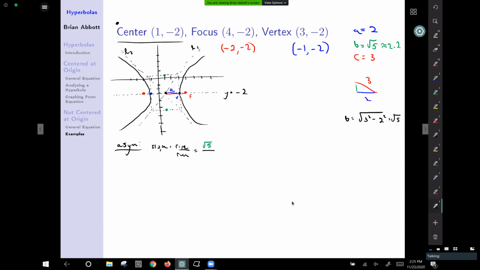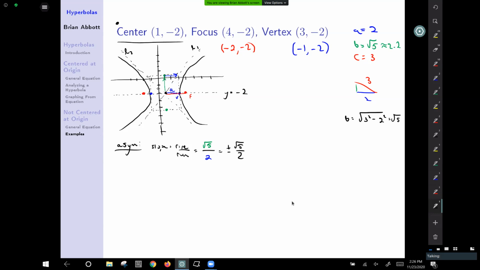And then from there, to get to your point, we would travel over the a direction. The a direction is 2. So our slopes for these two lines are going to be plus or minus √5 over 2, positive being L1, the increasing line, negative being L2, the decreasing line.